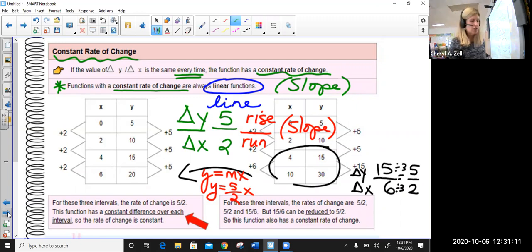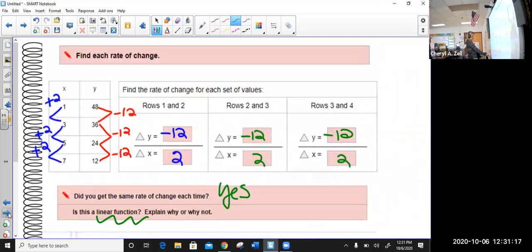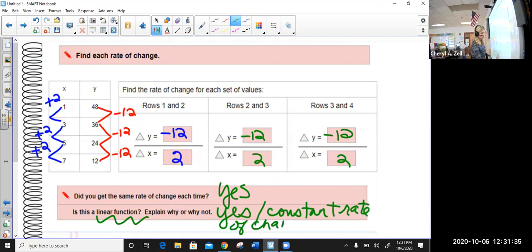And we'll be able to show our slope. Okay, so to answer that question, is it a linear function? Yes, because it is a constant rate of change. So whenever it is a constant rate of change, it is a linear function.